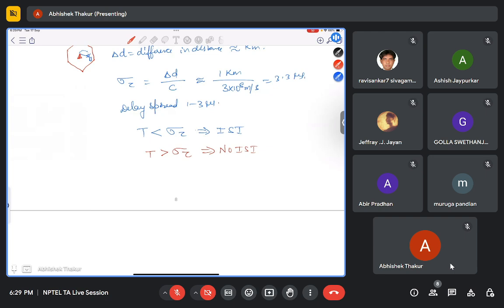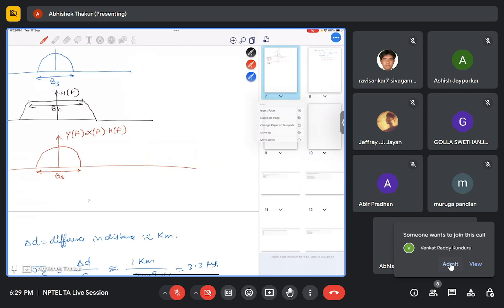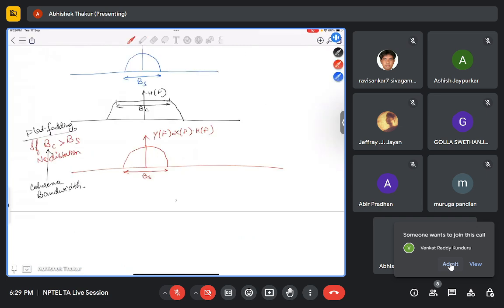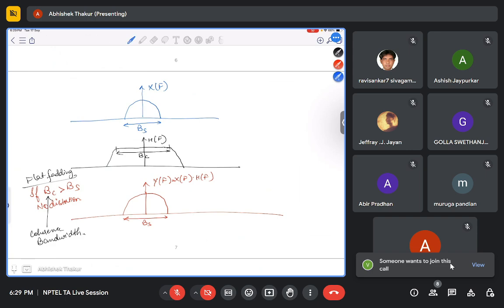And we have also studied coherence bandwidth. But in coherence bandwidth, there will be a case, like in this case what we have studied, when the symbol bandwidth is less than the bandwidth of the channel, then the received signal is the transmitted signal.